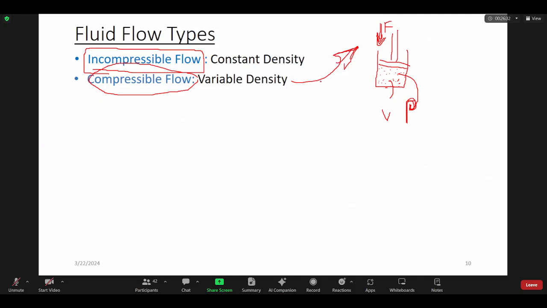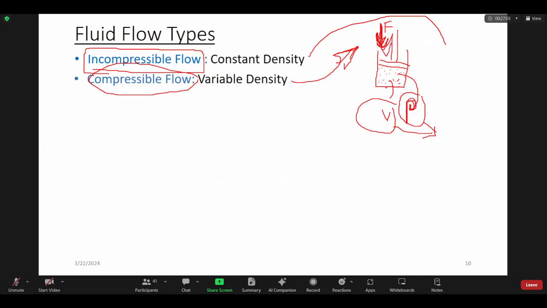Then incompressible means when we apply force, volume and density are not changed.